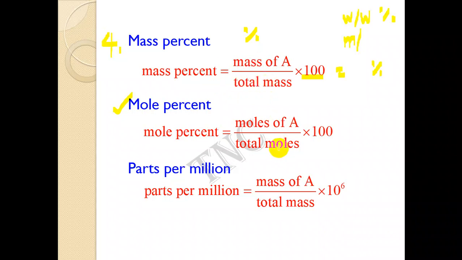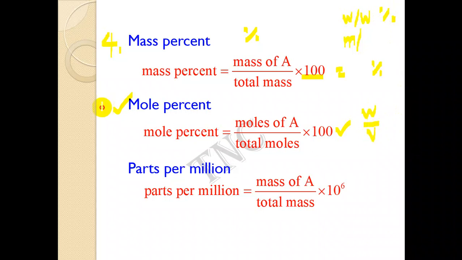In terms of moles also, you can do this calculation. That will give you mole percent. If you use volume, you will get volume percent. If you use mass and volume, that we call W by V percent. Same way as weight by weight percent, we can say W by V percent, that is weight by volume percent.